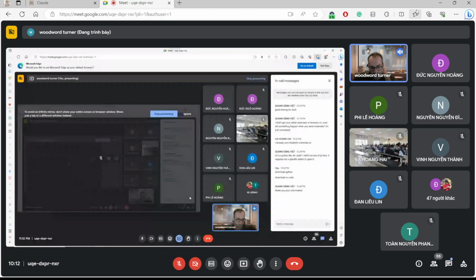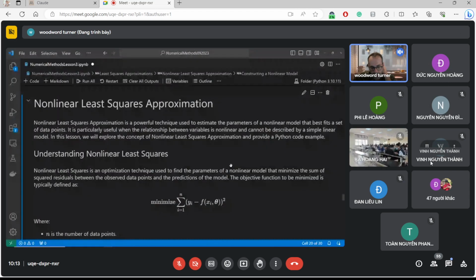Okay, so that was for lines, when we have a linear relationship in our data. Well, what happens if we're wanting to estimate something for a nonlinear type of thing? Well, that's where nonlinear least squares comes in. So that's what we'll talk about here.